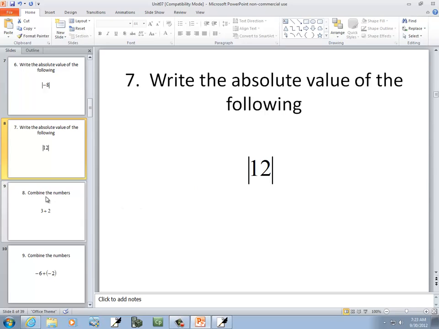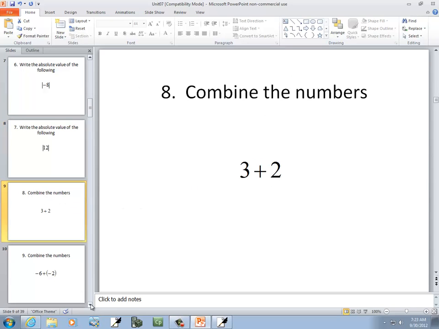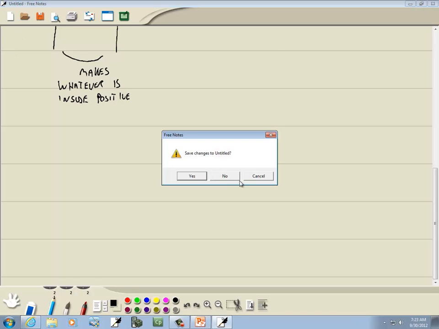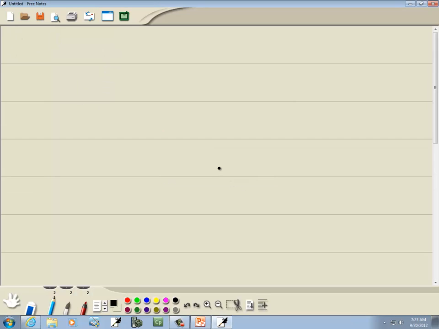And next one are combining numbers. So let me start a new page. There we go. Now some books indicate this as adding and subtracting. I don't like to think of it in those terms. I think of combining numbers. And we have two cases of this.